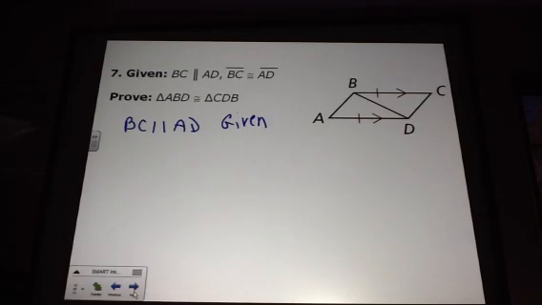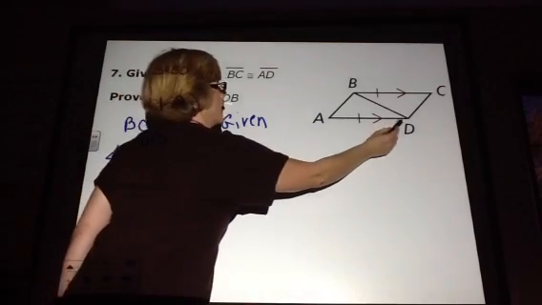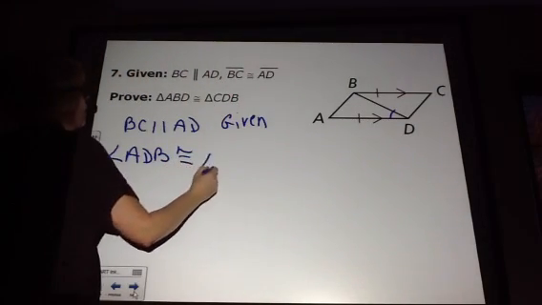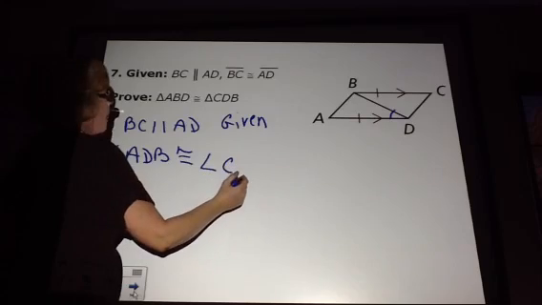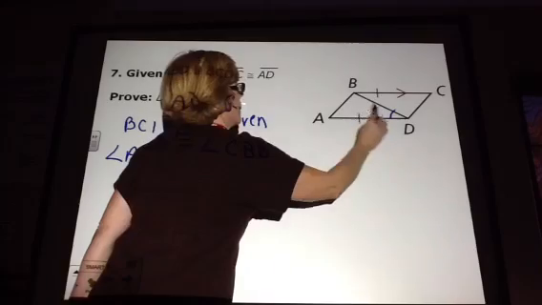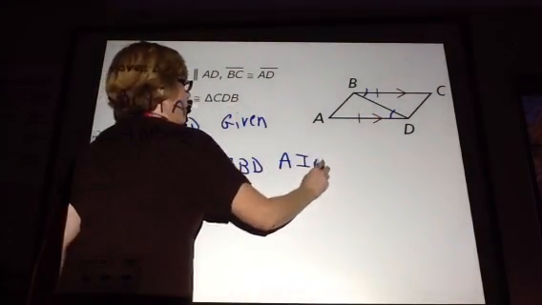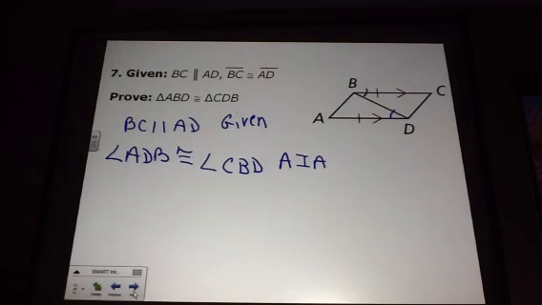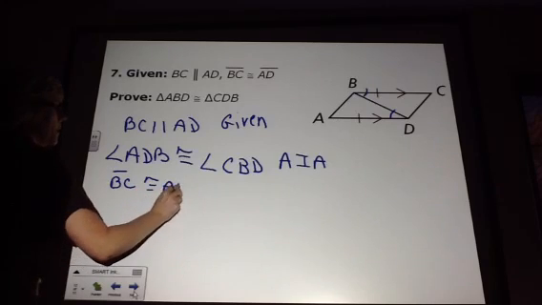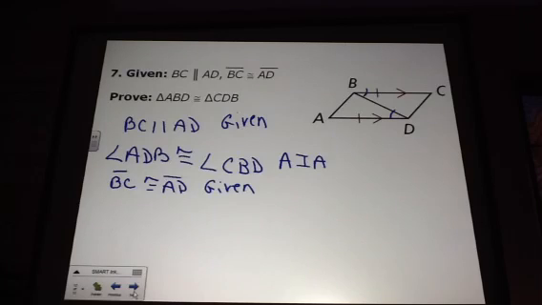So what that tells me is angle ADB is congruent to angle CBD. Why? Alternate interior angles are congruent if you have parallel lines. Segment BC is congruent to segment AD, given.